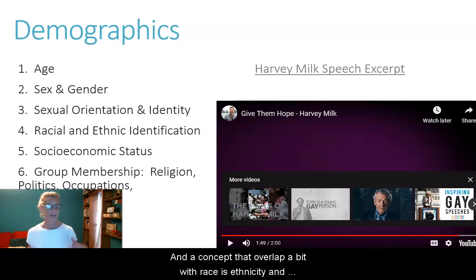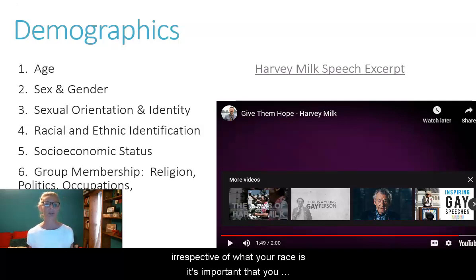And a concept that overlaps a bit with race is ethnicity. And ethnic identification is understanding oneself to either share or participate in the language, in the culture, or in the style of a given group of people.